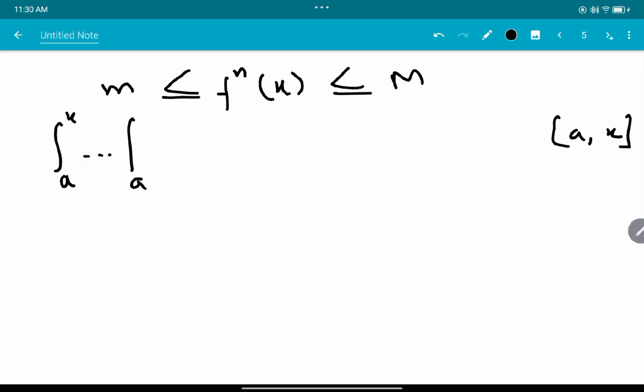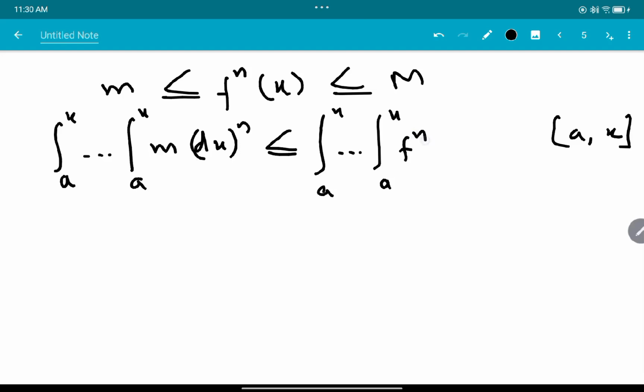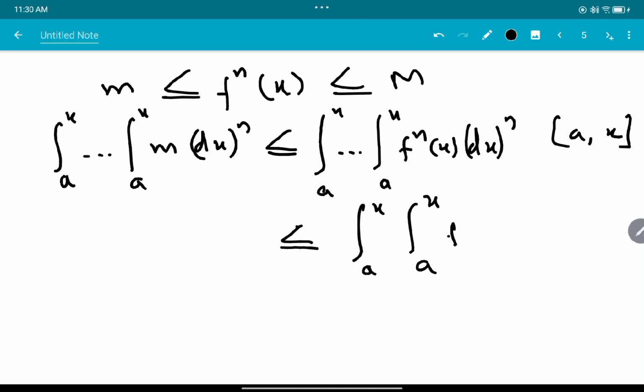I'm going to integrate all of them n times: the integral from a to x of m dx^n is less than or equal to the integral from a to x of f^n(x) dx^n, which is less than or equal to the integral from a to x of M dx^n.